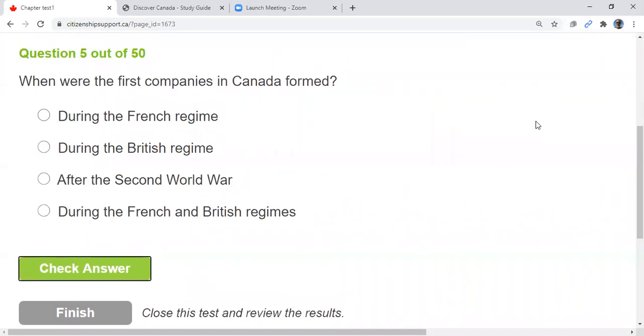Okay, and then this one is for Zaniba, please. First company. During the French is number 1.